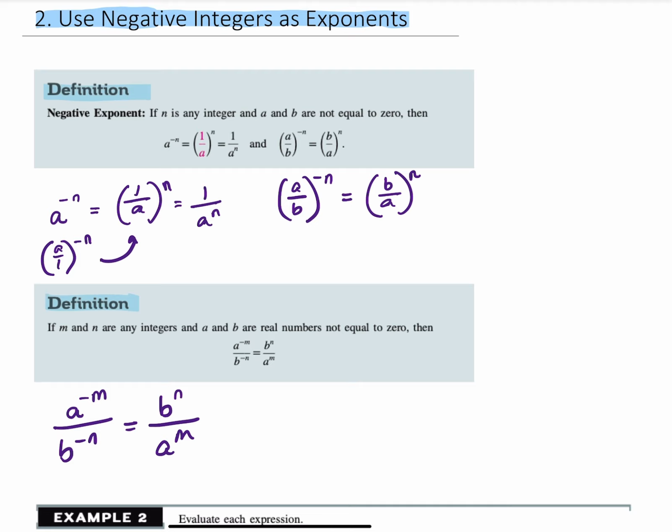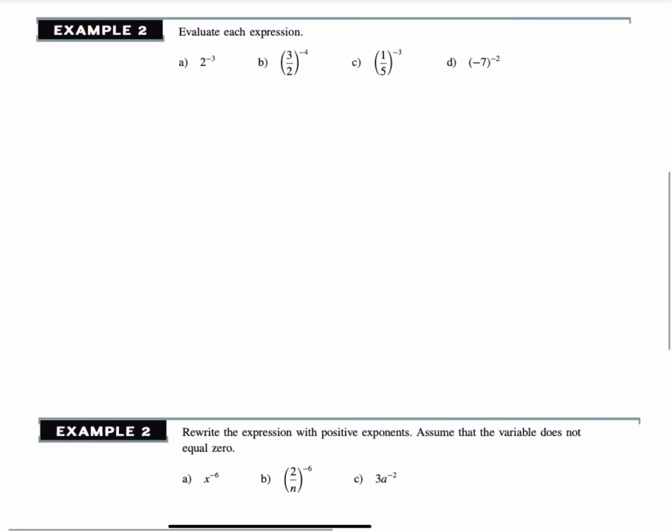So let's see some specific examples here. So part A, we have 2 to the power of negative 3. So we just saw we can flip this to 1 over 2 to the power of positive 3.